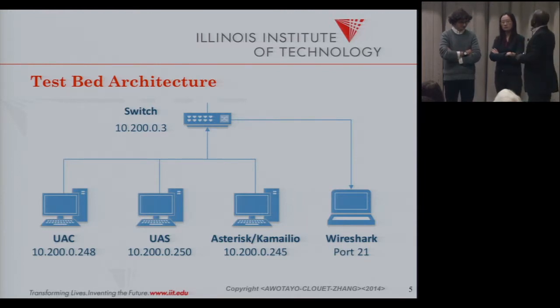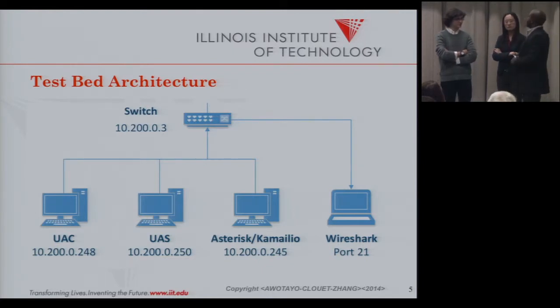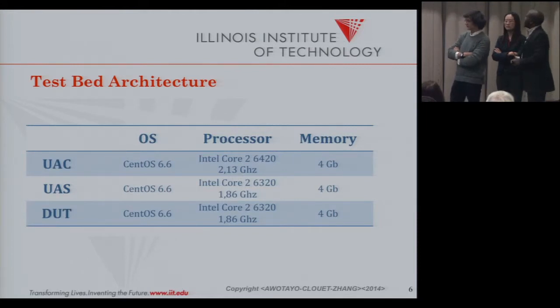And we put Wireshark on port 21, which is what we use for the monitor part, for us to run Wireshark separately and without interference with the user agent clients and servers and the device under test.